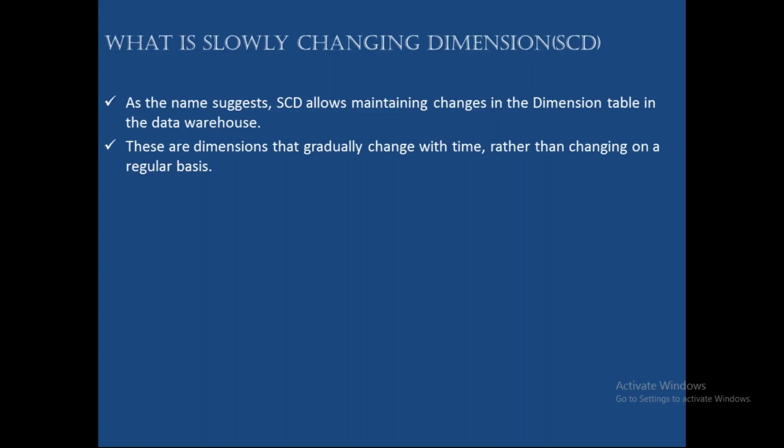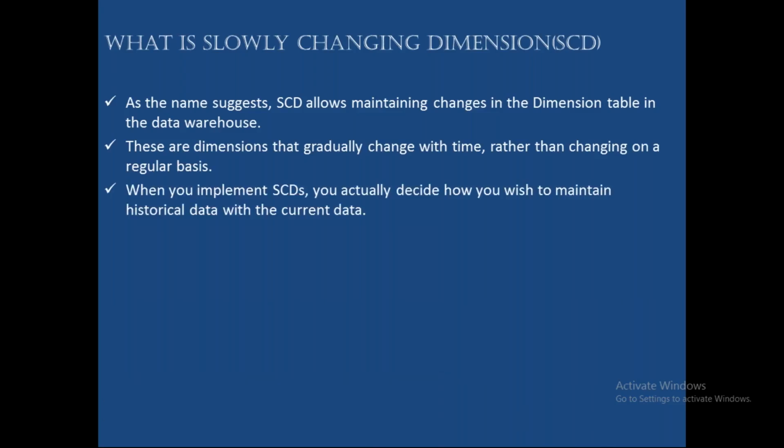Common people also change very rarely, not on a regular basis. That's why whatever changes come to customer details are very rare, and those changes we need to accommodate within the dimension table.